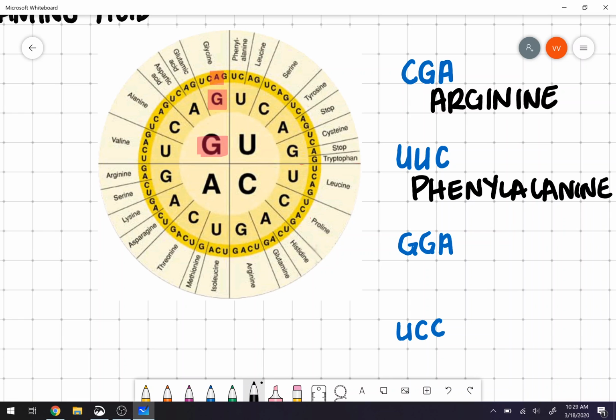That gives us glycine. Notice I stay within the corner where my first letter is found. And then my last codon is UCC, that gives me serine.